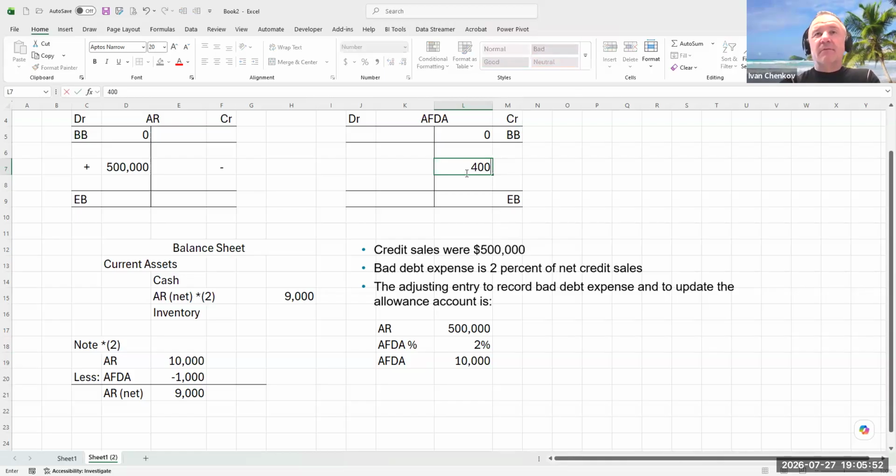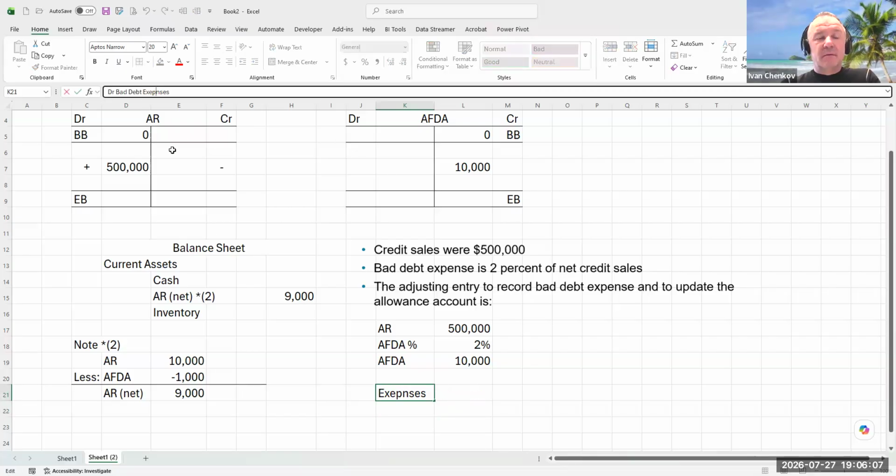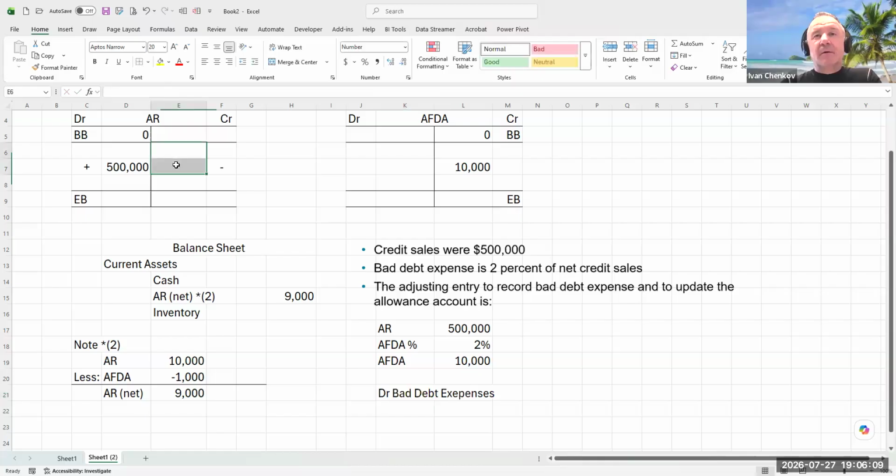So we're going to have here a credit of $10,000. And we're going to do the journal entry: debit bad debt expense, and credit allowance for doubtful accounts.